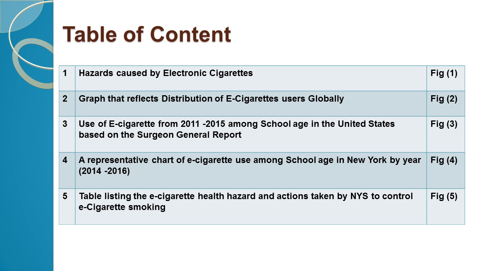A representative chart of e-cigarettes use among school age in New York by year 2014 to 2016. And finally, table listing the e-cigarettes health hazards and actions taken by New York State to control e-cigarette smoking.